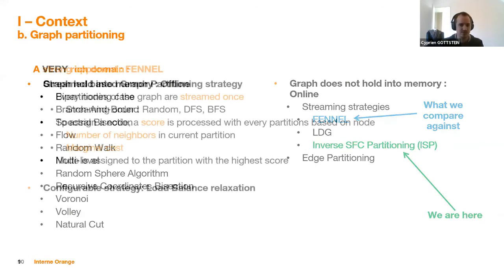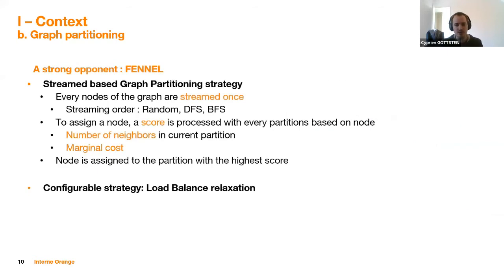So it is based on streaming, and when you do so, every node of the graph is streamed exactly once. The order you use to stream those nodes is defined either by random, DFS, or BFS: depth first search, and breadth first search. In FENNEL, to assign a node to a partition, you will compute a score for this node and each different partition.